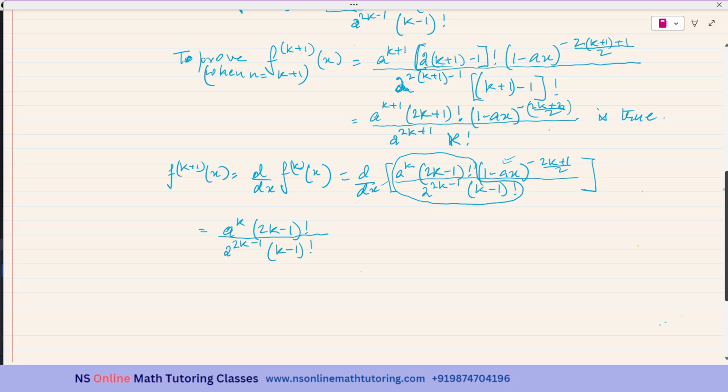The power will be coming down. So this is minus 2k plus 1 over 2 and 1 minus ax raised to the power of minus 2k plus 1 over 2 and minus 1. And now I'll be differentiating the 1 minus ax expression, which will give me minus a.